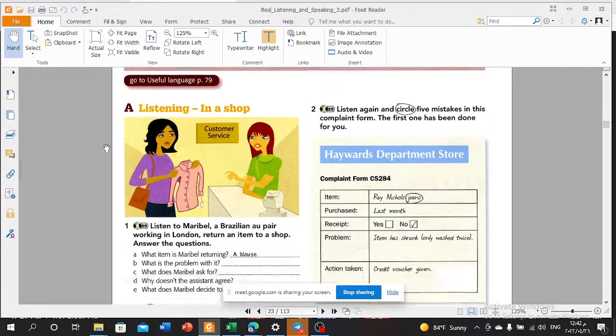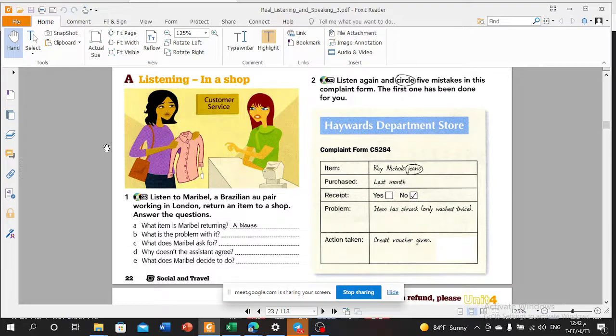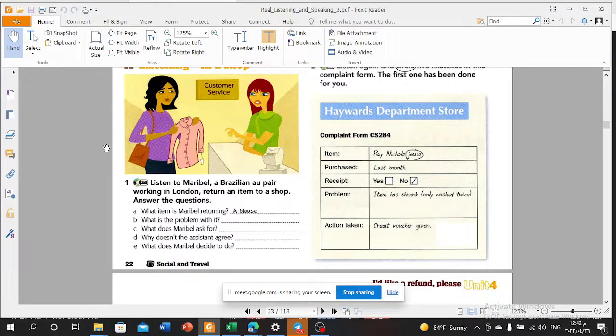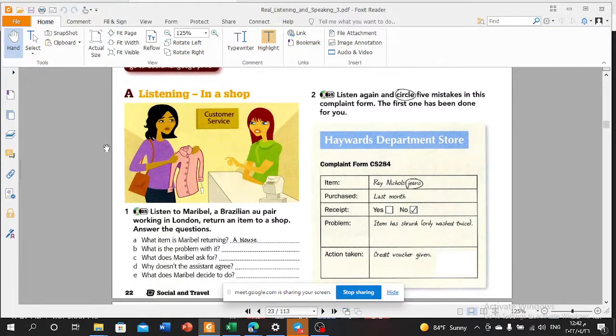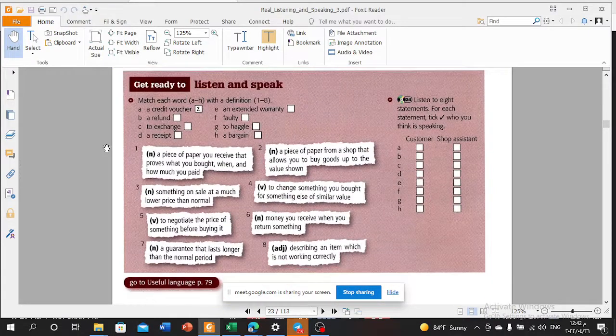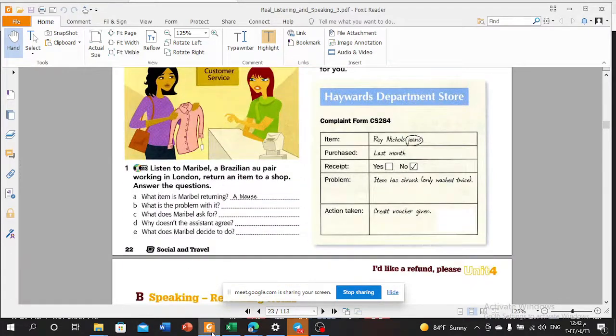Here we discussed this audio file, but as usual, audios are not included in our exam tomorrow.